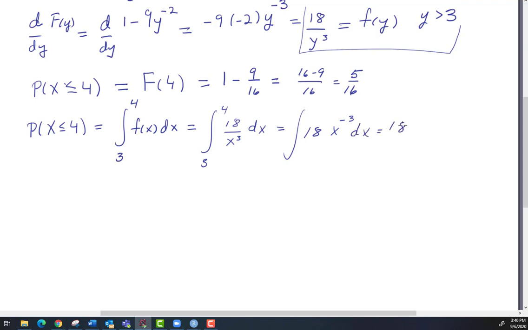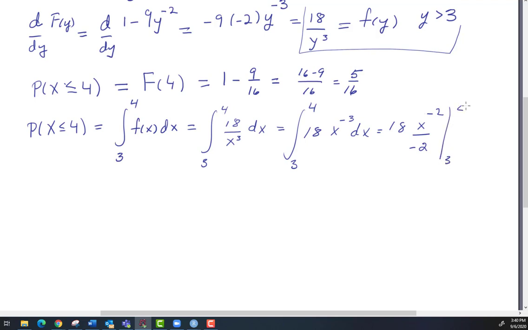We're going to increase the exponent by 1, so that's going to give me negative 2, and divide by the new exponent, negative 2, between 3 and 4.